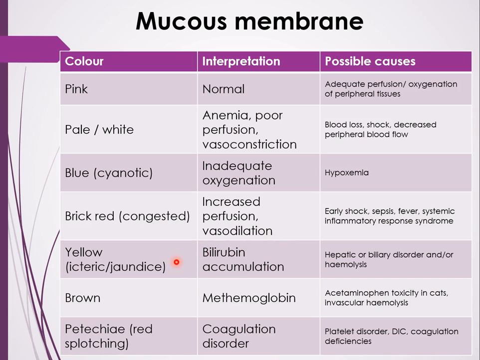They can have yellow mucous membrane due to jaundice. They can have brown mucous membrane due to methemoglobin, which is very popular with acetaminophen toxicity in cats. And you can have petechiae, red spots on the mucous membrane, which are most likely due to coagulation disorder, right?